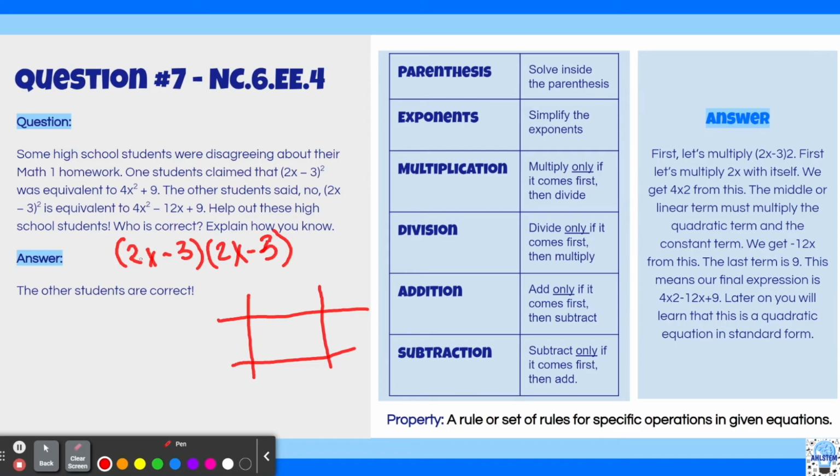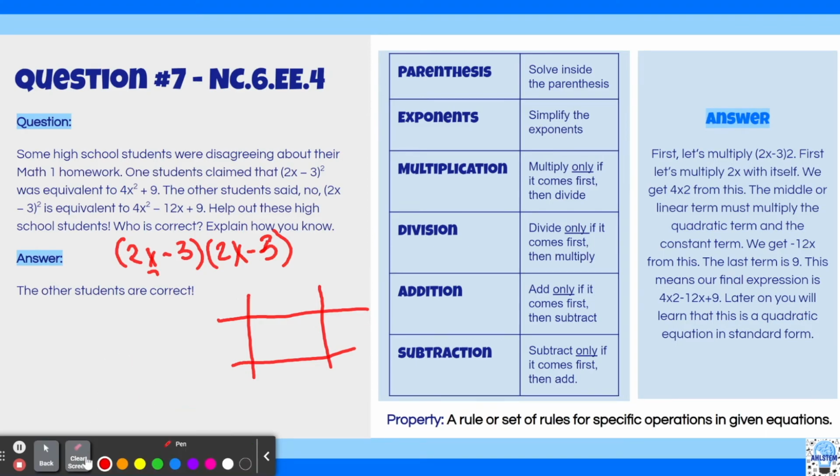So we have our two terms that we're going to multiply. This is called foiling. When we foil a linear equation, which just has 1x, to a quadratic, which has this little squared term, that is what we call foiling.